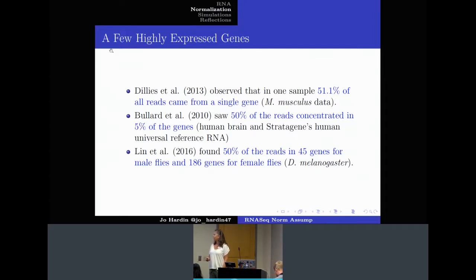And in the third, 50% of the reads were in 45 genes for the male flies and 186 genes for female flies. So now let's talk about what happens when you end up with one or a handful of genes that are really dominating the library size, totally determining the overall number of counts in the final data set.